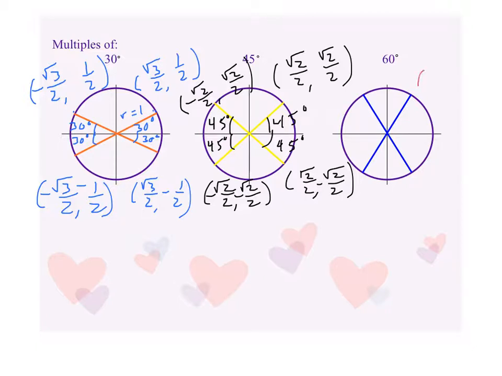Okay, over here with 60, remember here the coordinates switched. Over here in quadrant 2, for this angle, try to leave yourself a little more space than I have. Here we're in quadrant 3.